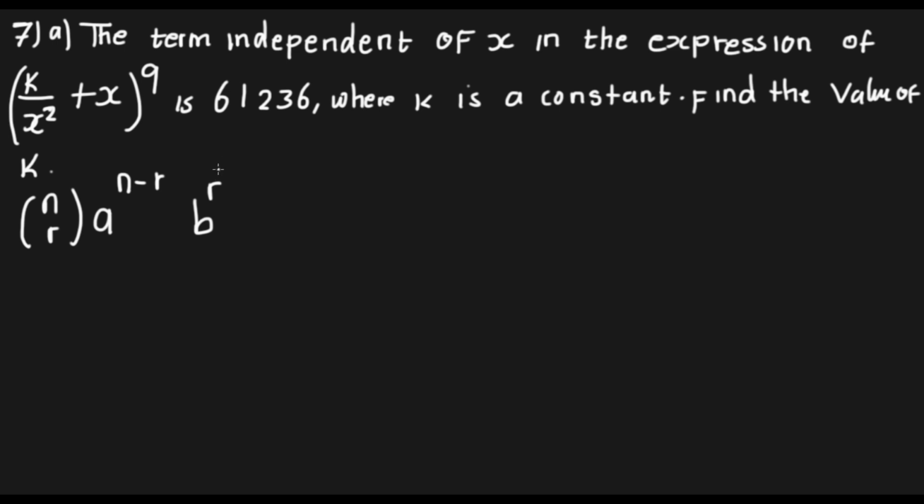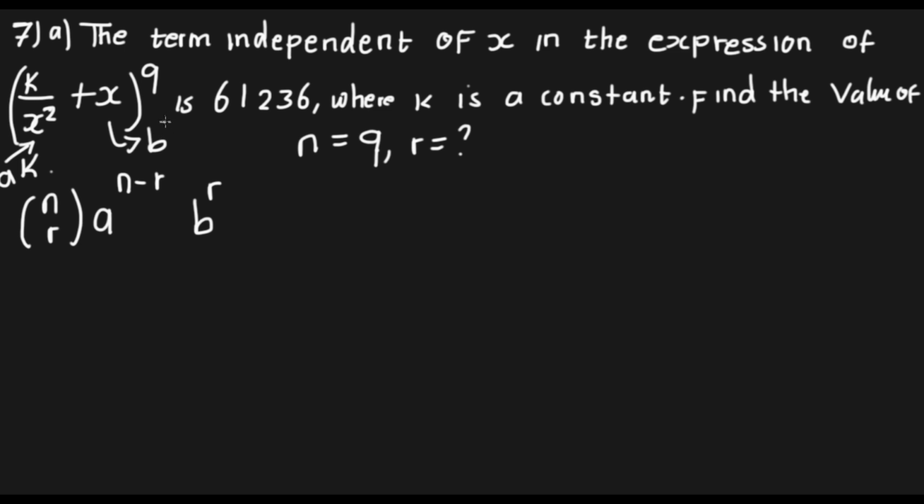Now from the expression that we have, n is equal to the power. So in our case, n is equal to 9. R, we don't have the r. So what else do we have? A is this term, the first one from this expression. So this is our A. Then this will be our B.